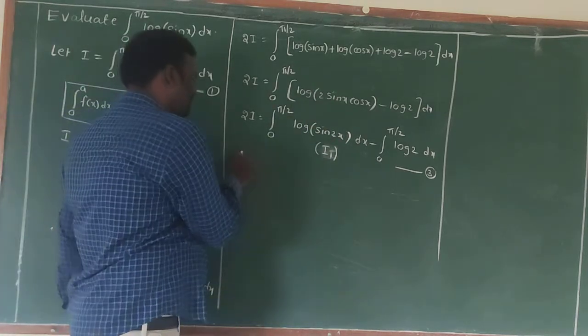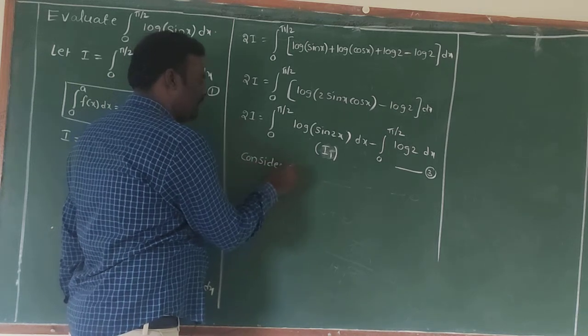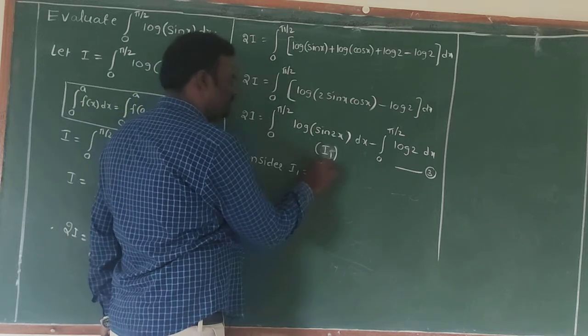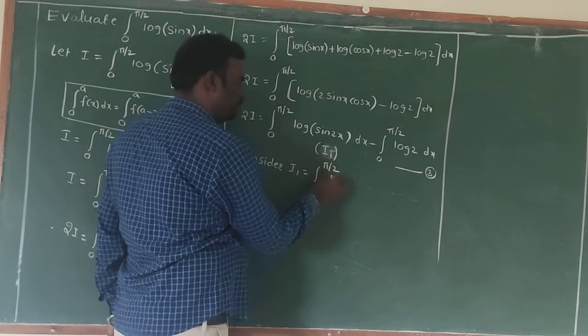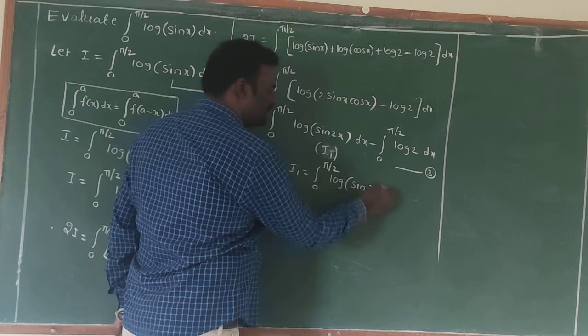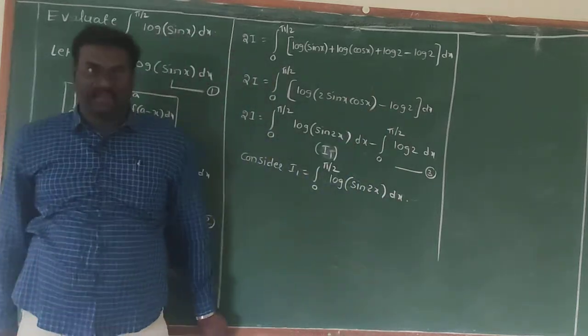Consider I1 is equal to integral 0 to pi by 2 of log sin 2x dx. We need to find this value separately.